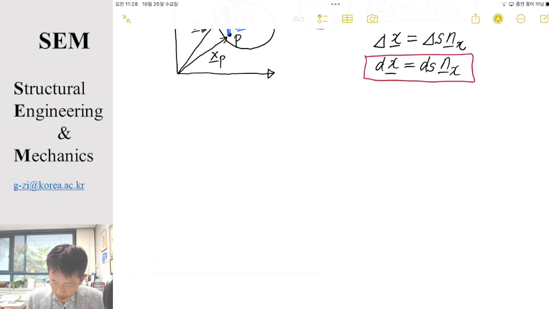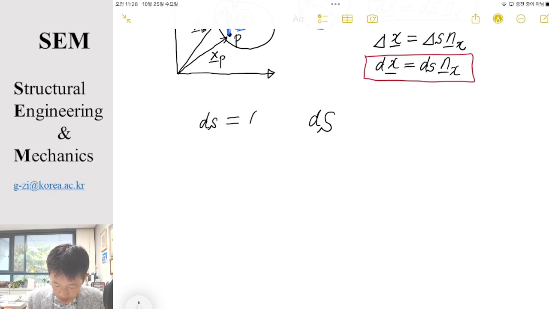At first, I'd like to compare the length of the segment before and after deformation. The length of the segment after deformation, lowercase s, is given in terms of the initial length, capital S, but we have a length change, isn't it right?